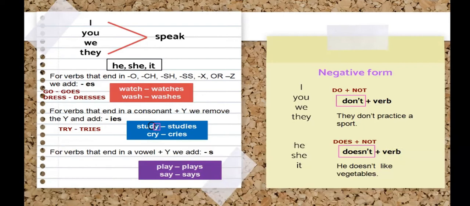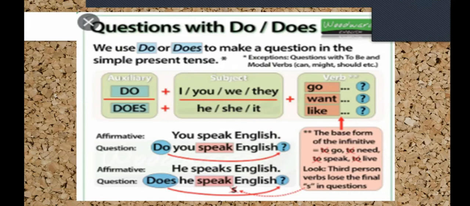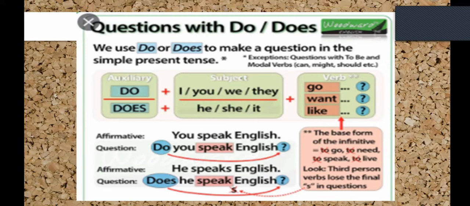That's it, okay? Okay, and for the question, the interrogative form, we also use the auxiliaries do and does here. We use do or does to make questions in the simple present tense. There are only exceptions when we use the questions with to be and modal verbs like can, might, should, etc. But we usually use do or does when we are asking about actions, okay, with action verbs like play, watch, think, run, walk, etc. When we want to know the action.